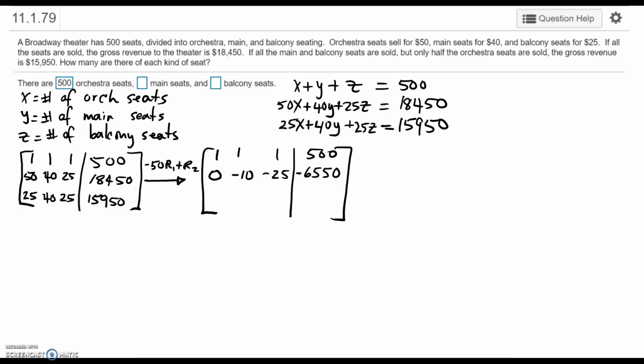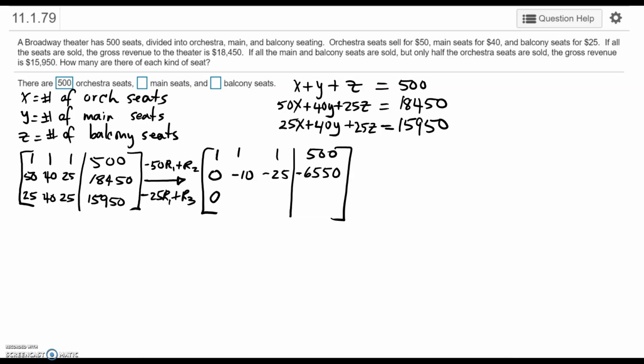I'm going to do the same thing, or something similar, to get a 0 in the first column, third row. That's going to be a negative 25 this time times row 1 plus row 3. Negative 25 plus 25 gives me 0.